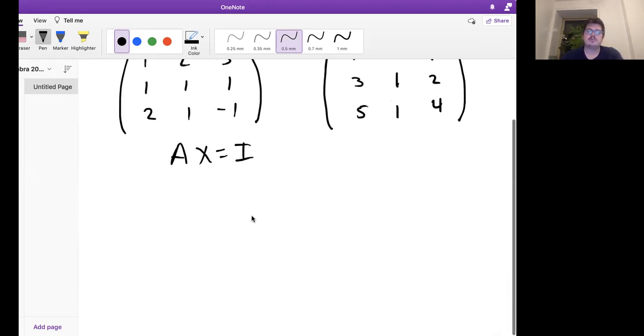So we found out that to solve this type of problem is equivalent to essentially using matrix algebra to cancel out A. And by doing that, we use elementary matrices.